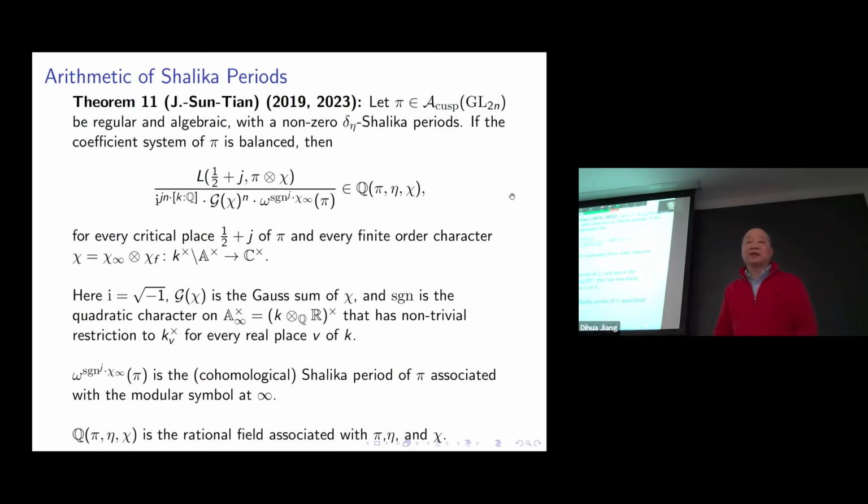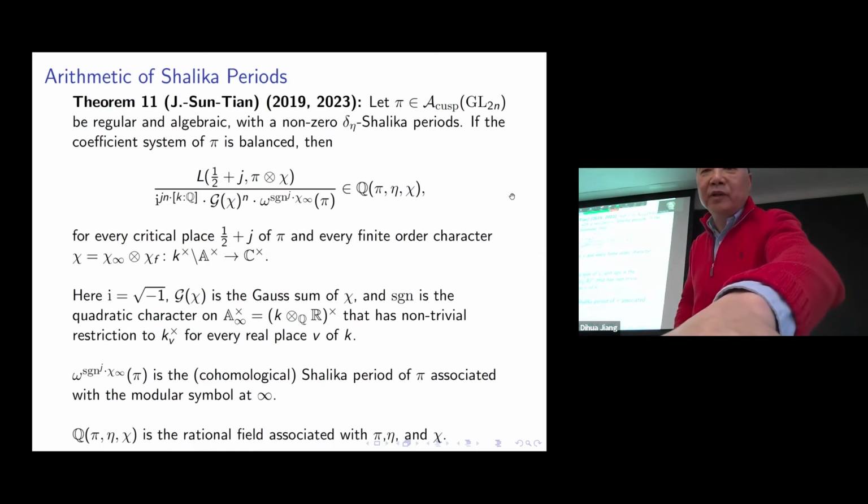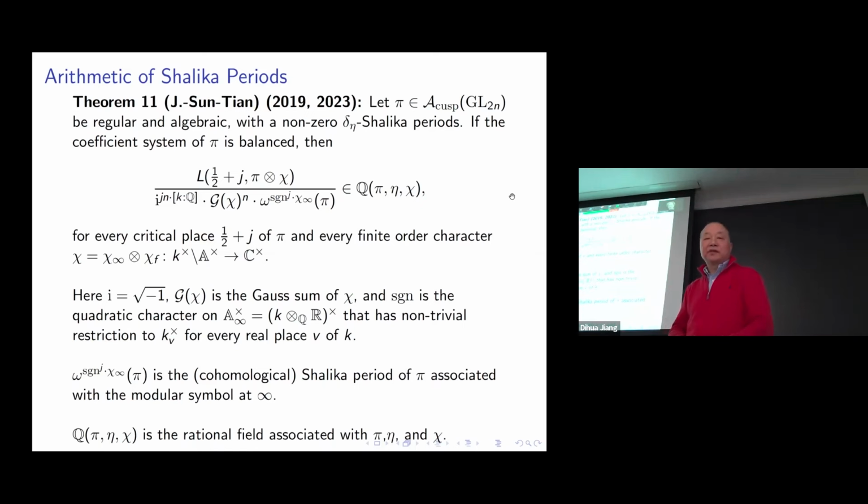That's exactly the generalization of Shimura's work from GL2 to GL2m. What is theta? Theta is the character coming from the Shalika period. The chi is the twist. This makes this theorem the most general situation.